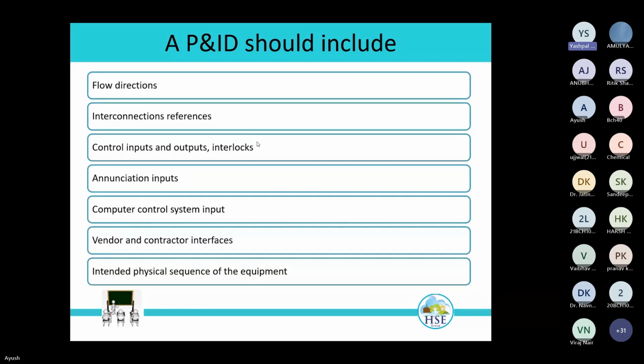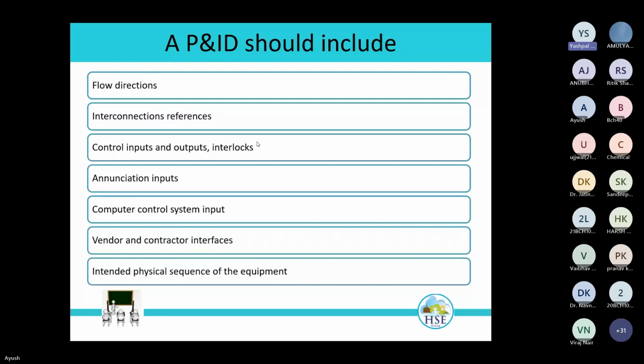Control inputs and outputs, interlocks, like in instrumentation or controls also, the type of instruments through the legends. Whether it's pneumatically operated, air operated, or electronic signals, everything we can represent through lines or dots. Mainly pipelines or piping are shown with solid lines for permanent lines, and dotted lines are used for interlocks.